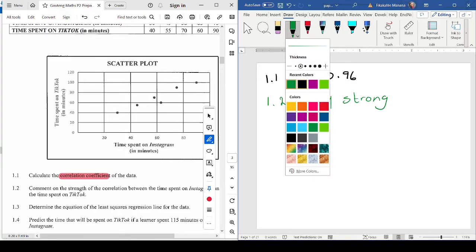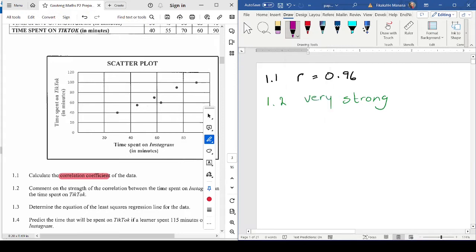And just to remind you what it looked like, it said y is equal to a plus bx. This was the way it was set up.